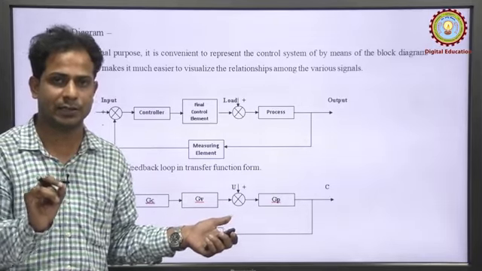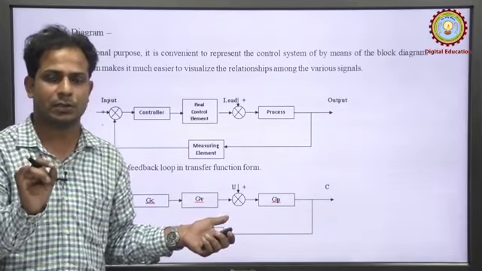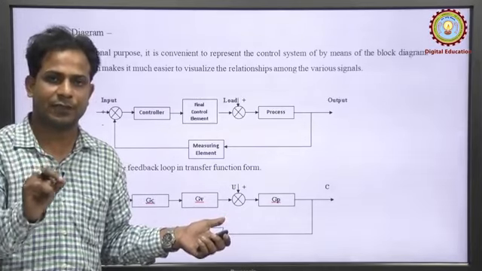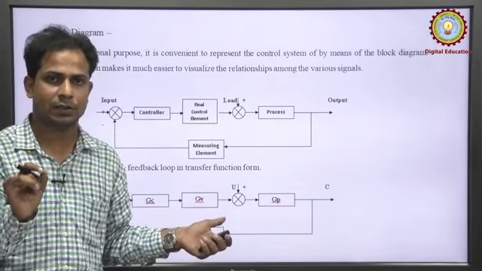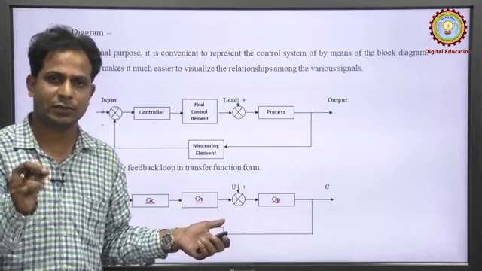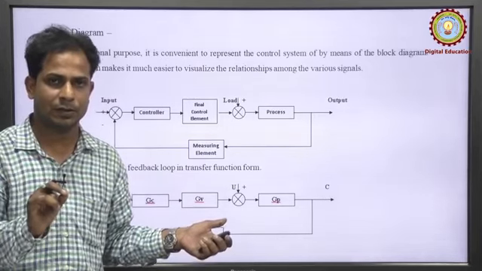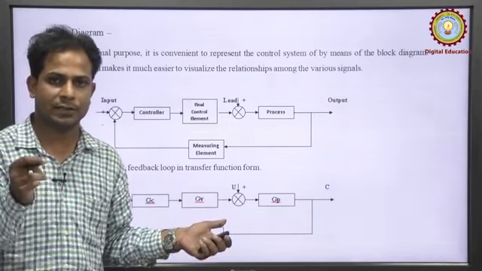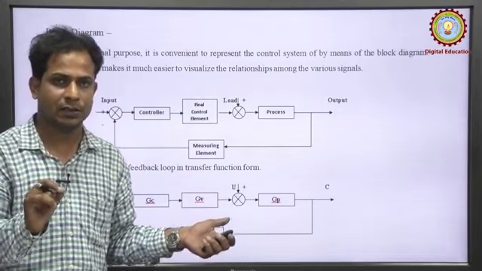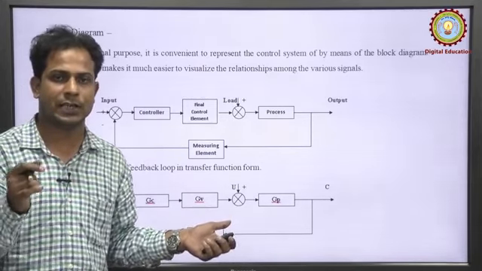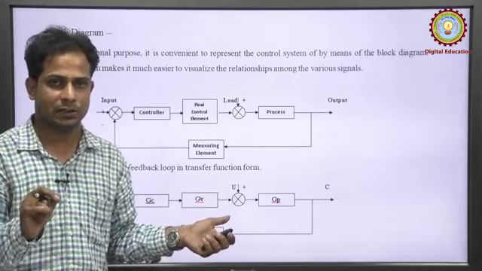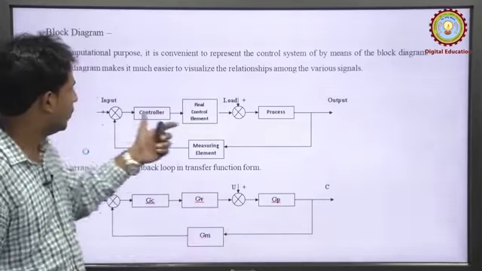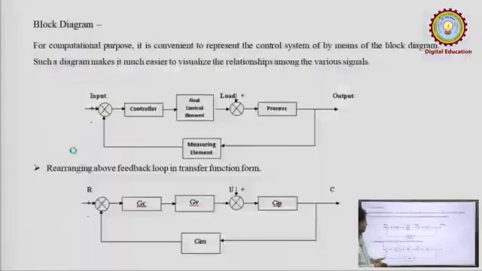So I converted the process into the transfer function GP, the measuring element into GM, the final control element into GV, and the controller into the transfer function GC, and converted it into the block diagram. Here you can see the same thing occurring as in the process.